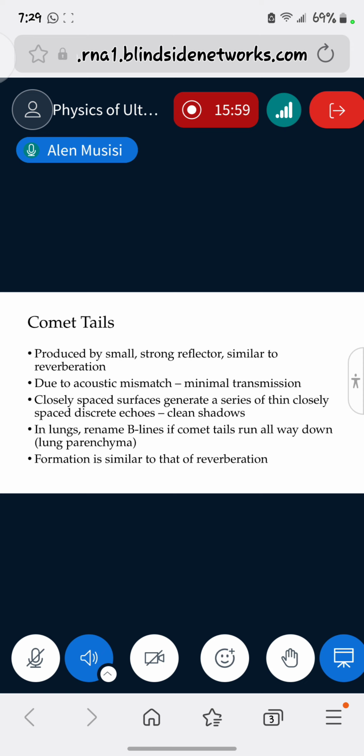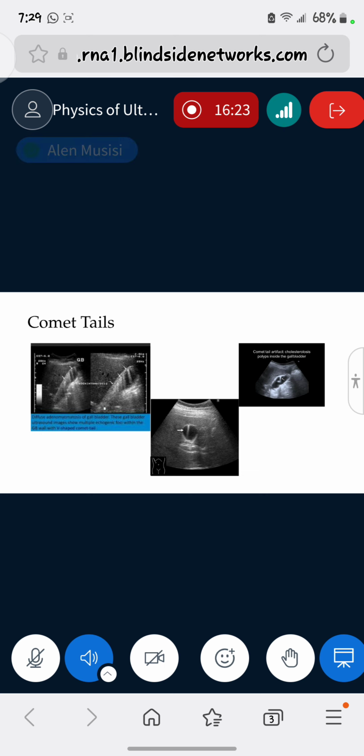below the point of formation, but with a comet tail, you may not see those repetitions. Yes, the structures have been repeated, but because they are so close together, your eyes may not see that these echoes have been repeated many times. You see just a tail. So this is what I'm talking about. These look like waterfalls from a very high mountain, but it looks like a comet tail.